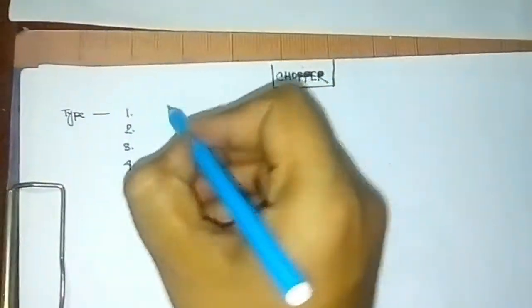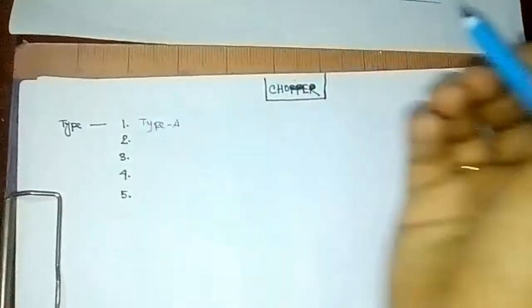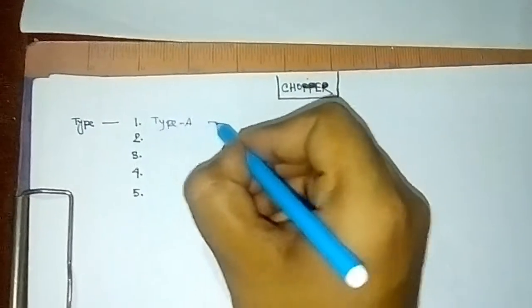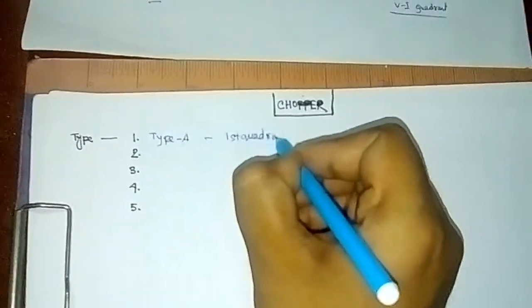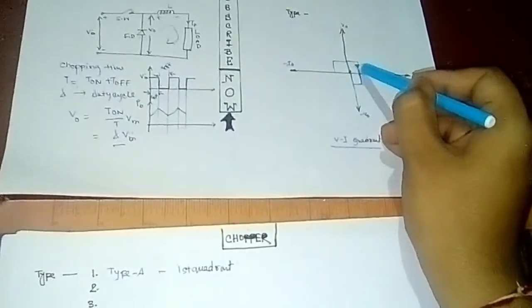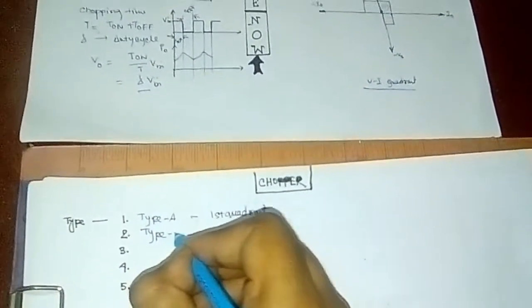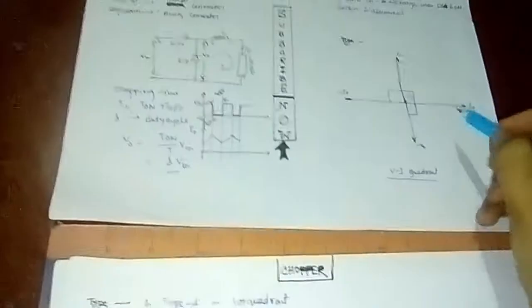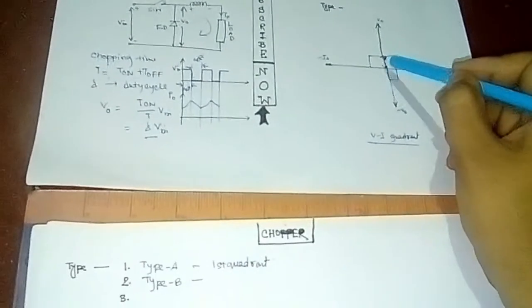The first type is called type A. In type A, we will get the output in the first quadrant. The second one is type B, and for type B, we will get the output in the second quadrant.